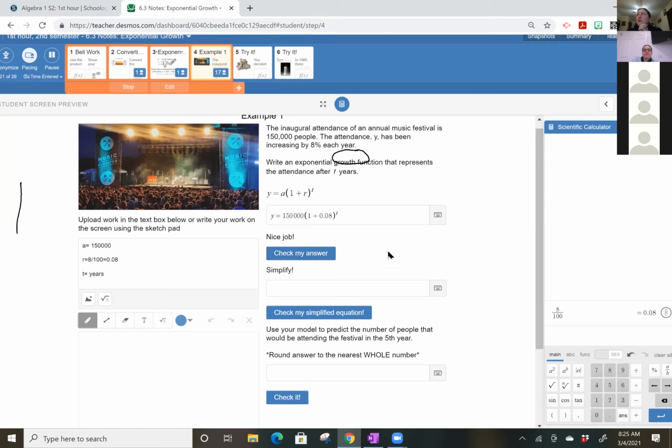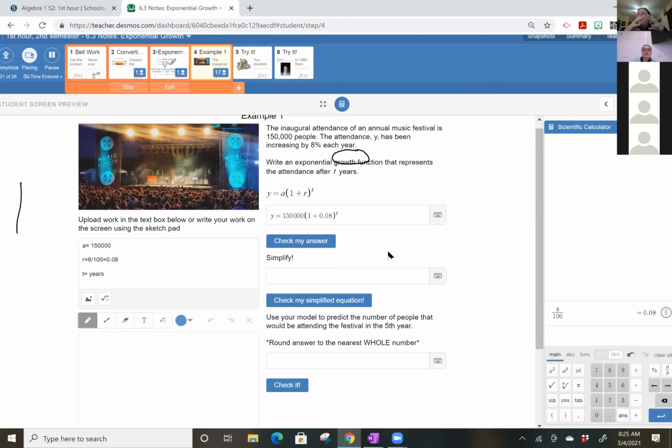Cool. Now in this equation, it says simplify. That's our next step. What's the only thing that we need to simplify so far? What can we add together? We have this in parentheses. How do we make it smaller?